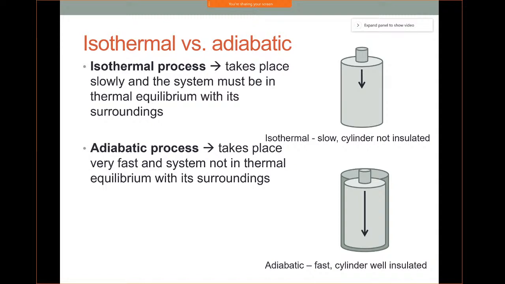A lot of us will think, when there is a change in heat, definitely there will be a change in temperature. This is what we usually understand. However, when it comes to some processes, we might encounter isothermal or adiabatic. Isothermal processes take place very slowly, and the system must be in thermal equilibrium with its surroundings, which means your temperature is the same.